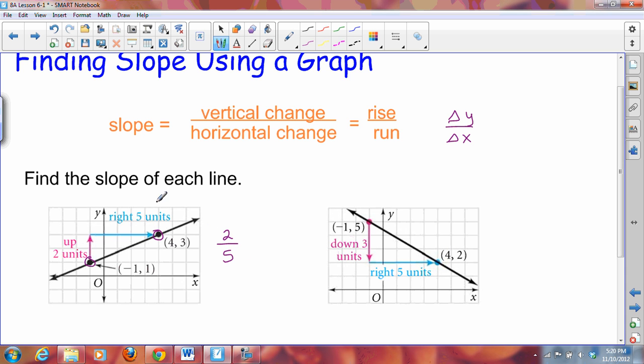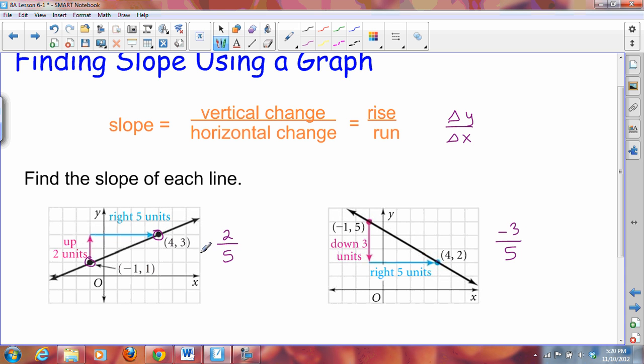So the slope of this line is 2 over 5, or 2/5. Okay. On this one, to get from this point to this point, I go down 3 units, so I'm going to use a negative sign, and to the right 5 units. So the slope of this line is negative 3/5.